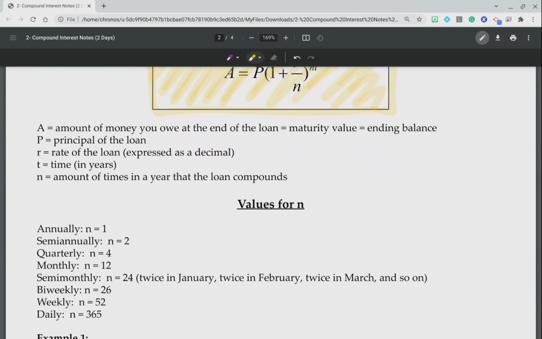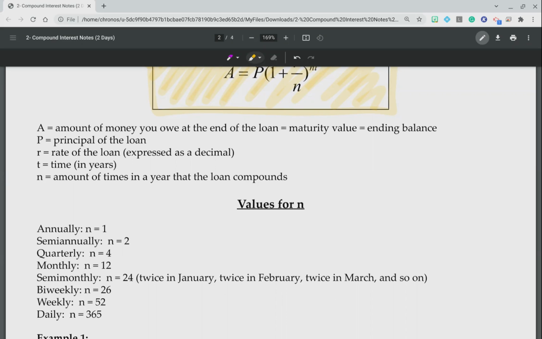I have these typed out for you so you know what it means in the different problems. If it says that the loan is compounded annually, then for n you plug in 1. If it's compounded semi-annually, that means twice a year, so n is equal to 2. Quarterly means 4 times a year. Monthly is 12 times a year, because there's 12 months in a year.